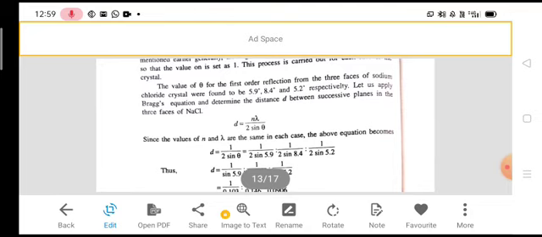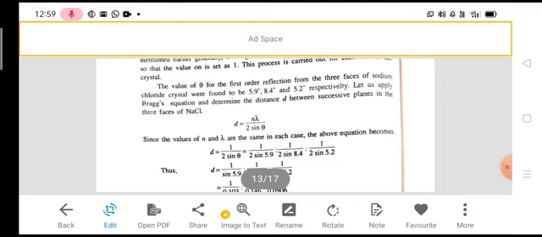The value of angle of incidence, that means theta, for the first order reflection from the three faces of sodium chloride crystal were found to be 5.9 degrees, 8.4 degrees and 5.2 degrees respectively.